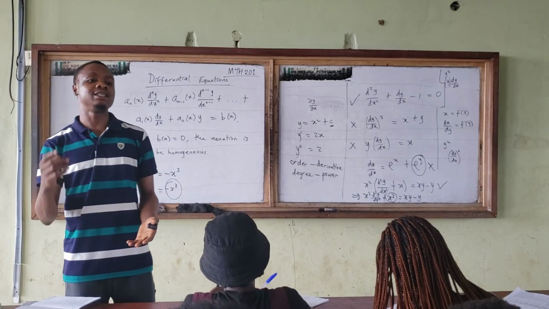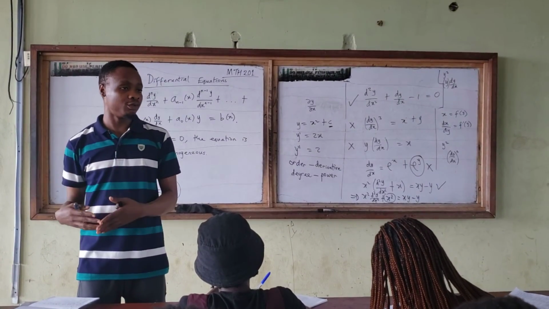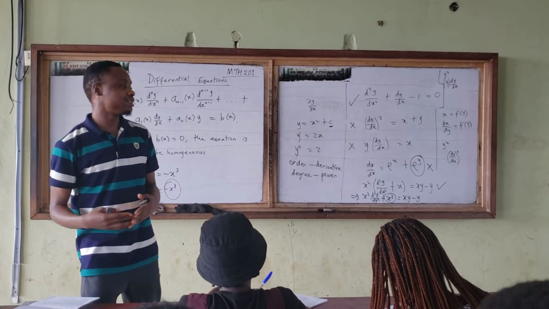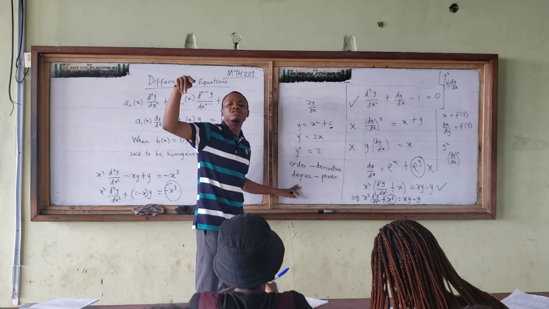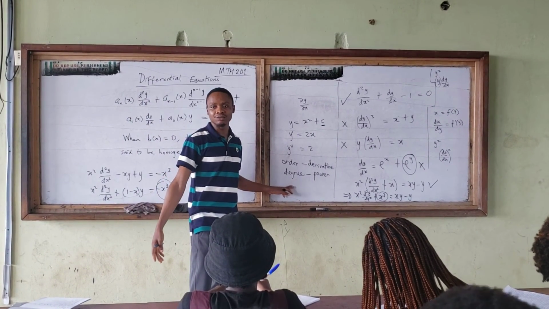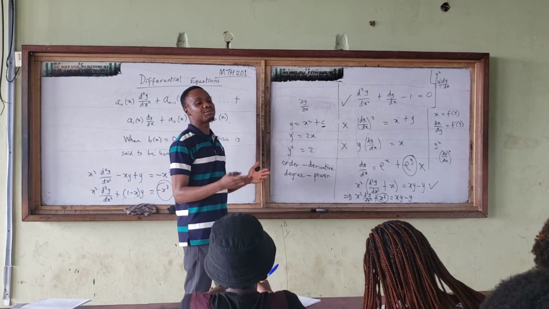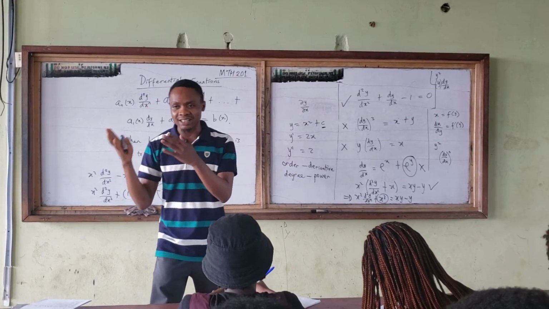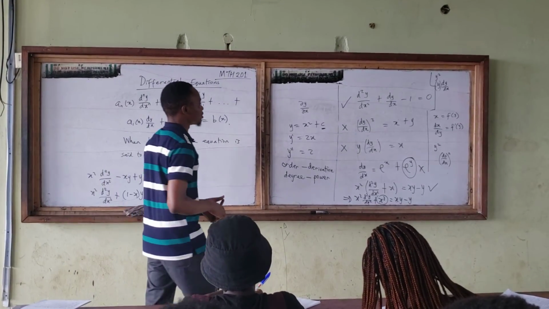The degree of a polynomial is the highest power of the terms you have in the polynomial. Is it making sense? Alright, the degree of the differential equation will now be the highest power of the derivatives present in the differential equation. Is that making sense to you? The highest power of the derivative. So in this case, order simply means what is the highest derivative you have there. Is it making sense?